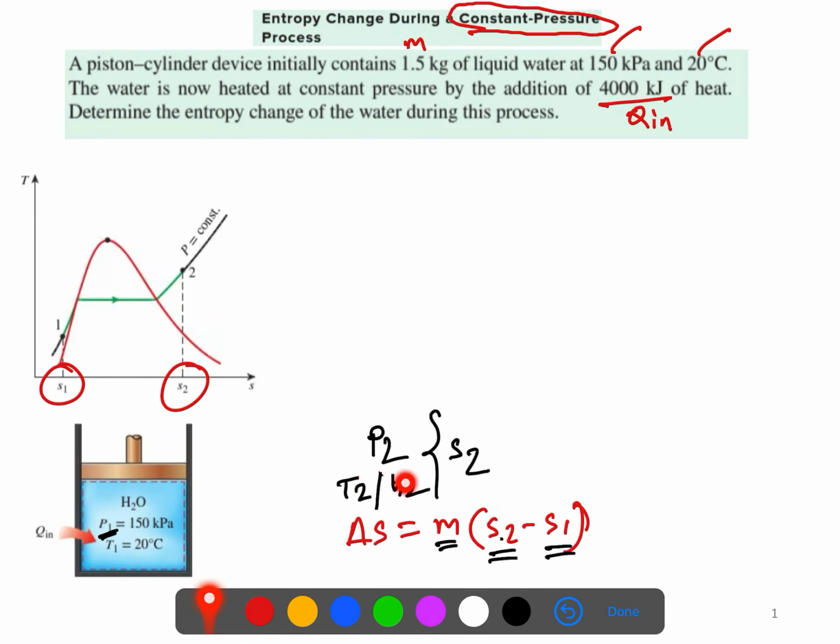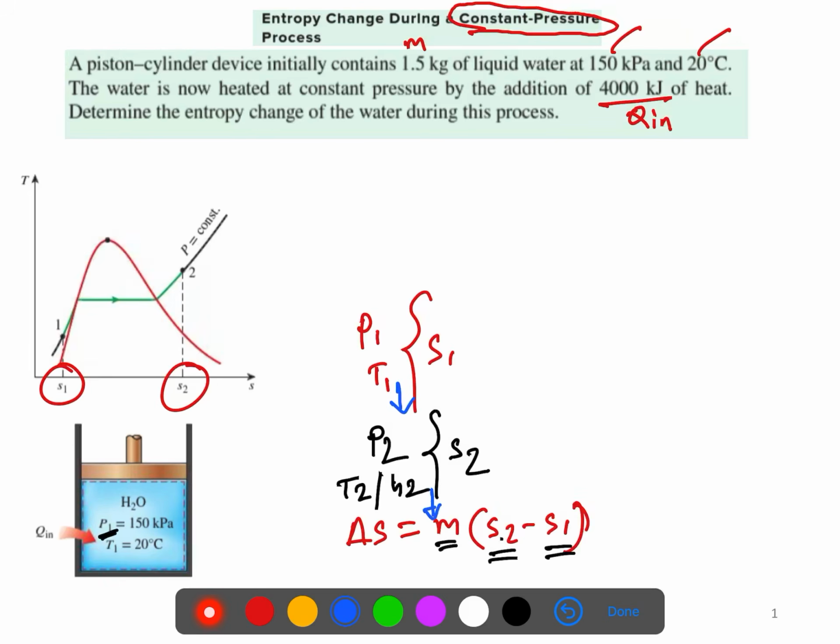If we get any two properties, then we can get the other one. For the initial phase, we know pressure and temperature, so we can easily calculate S1 by using P1 and T1 from table A-6. So this is the total process. We will calculate S1 at first, then S2, and then we will get the entropy change, right? This is the overall flowchart we're going to follow.